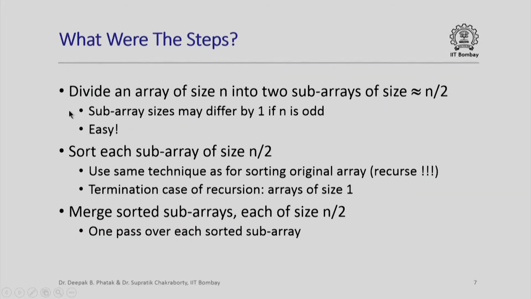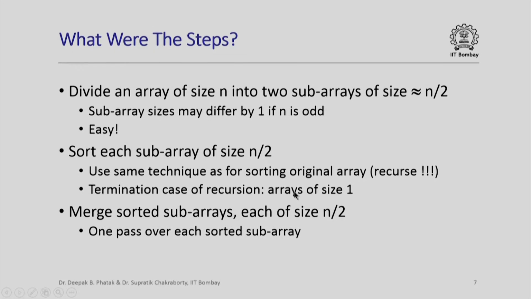So what were the key steps involved in merge sort? We basically divided an array of size n into two subarrays of roughly n by 2 size, and of course if n is odd, then these two subarrays will not be exactly the same size, but their sizes may differ by 1, and this was an easy step. Then we recursively sorted each subarray of size n by 2 using the same technique as the one that we used for sorting the original array, and the terminal case of this recursion was arrays of size 1.